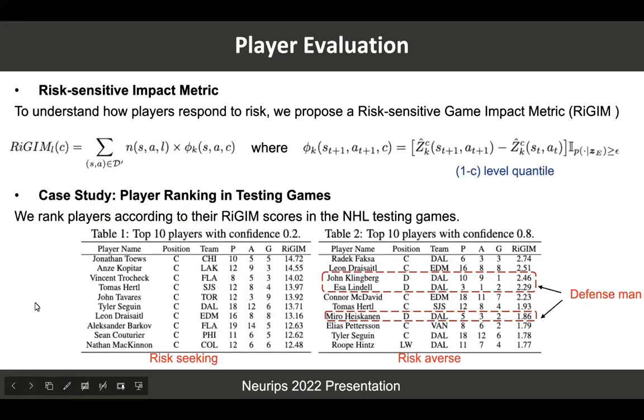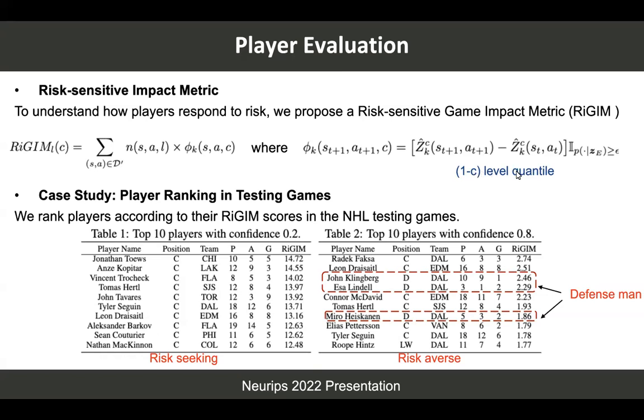Here we give a very quick case study using our risk-sensitive player evaluation metric on the NHL dataset, the National Hockey League. I think ice hockey is a very popular sport in Canada. We report two tables. In the first table we set the confidence level to 0.2, which corresponds to the 0.8 level quantile.